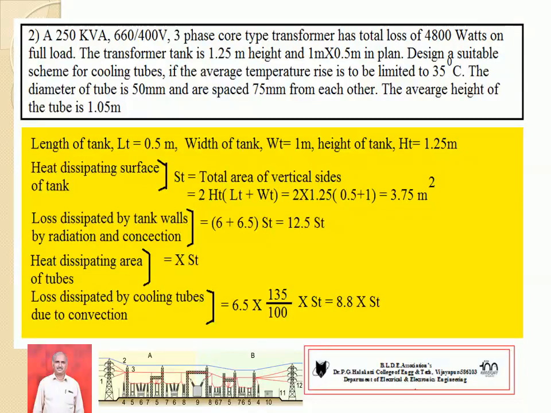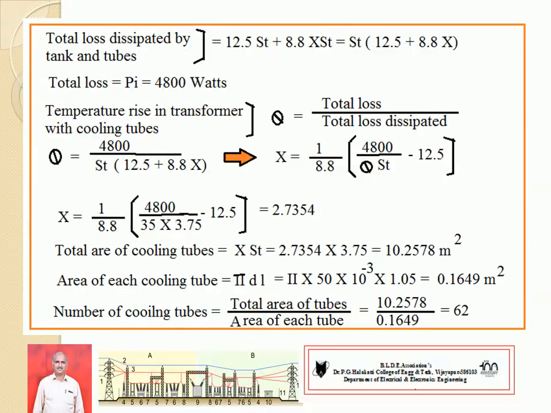Hence loss dissipated by cooling tubes due to convection is 8.8 times X St. Total loss dissipated by the tank and tubes is 12.5 times St plus 8.8 times X St, that is St in bracket 12.5 plus 8.8 X. Total loss is given in watts, 4800 watts.